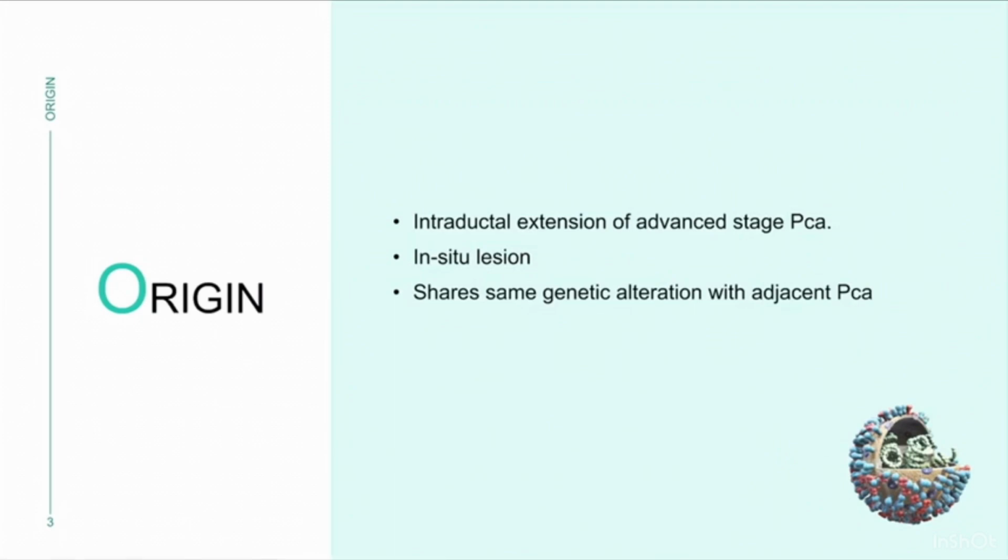As I already said, intraductal carcinoma is always seen associated with invasive prostatic carcinoma. When research was done, the mutations present in the prostate carcinoma part were always seen in the intraductal carcinoma part as well.